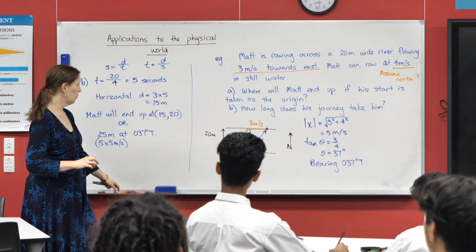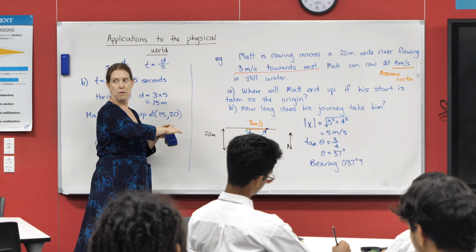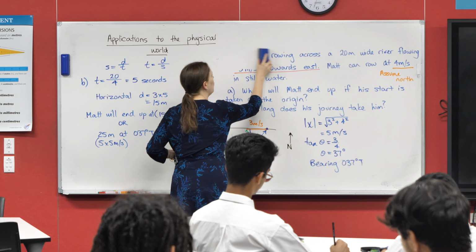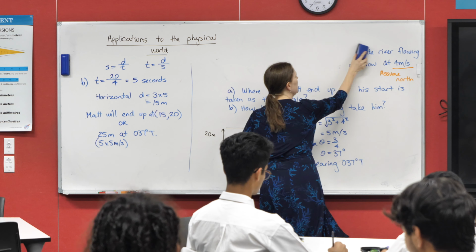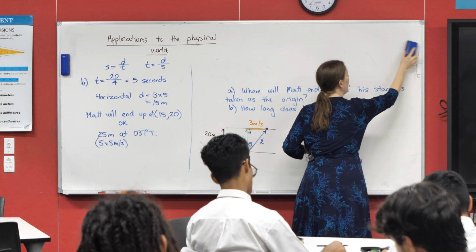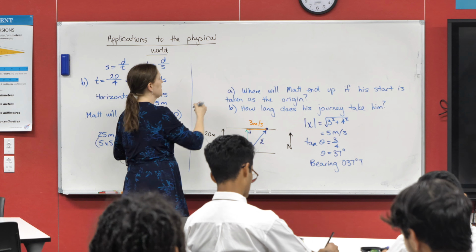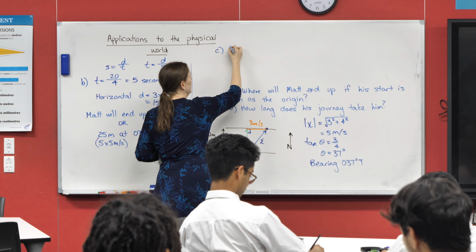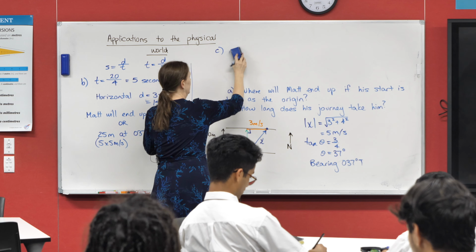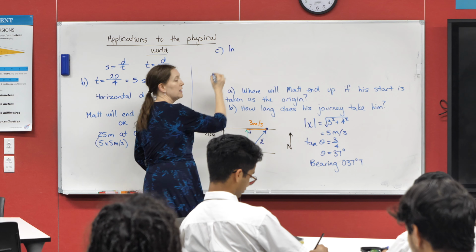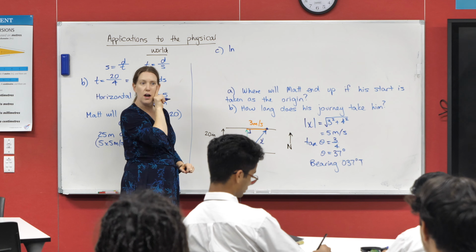Part C, I'll write it up. Everyone happy if I remove the initial question? In what direction should he have pointed his boat to end up directly across from his starting point? In what direction? All right, I'm going to give you 30 seconds. Hint, you need to draw another diagram.